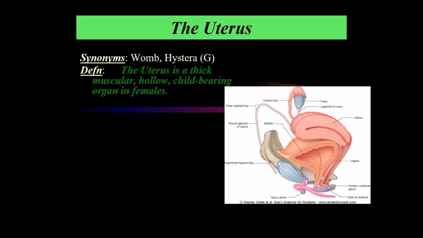As I said, this is a very important childbearing organ which is highly muscular as well as hollow. You can see this is the uterus here, and you can see a very thick wall which is highly muscular in nature.